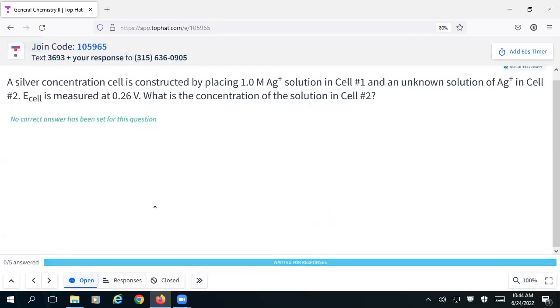We have a silver concentration cell made by taking a 1 molar silver solution in cell 1 and an unknown silver solution in cell 2. The measured voltage is 0.26 volts. What is the concentration in cell 2? And just to clarify things, we're going to say the same thing that we said in the first one.